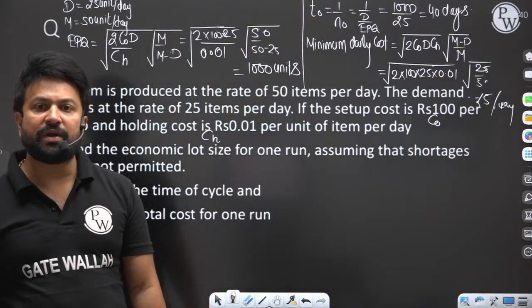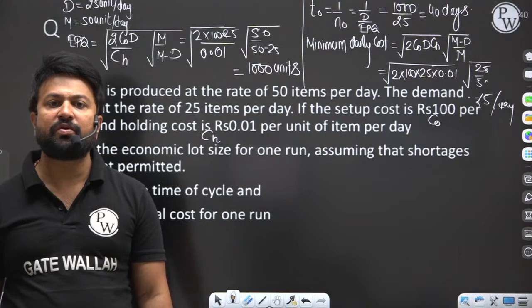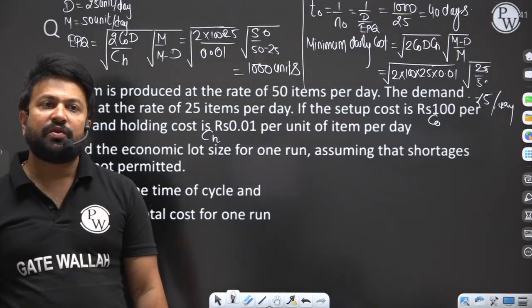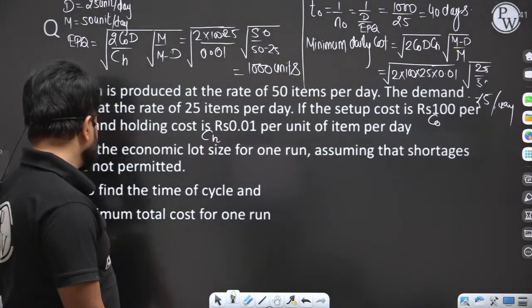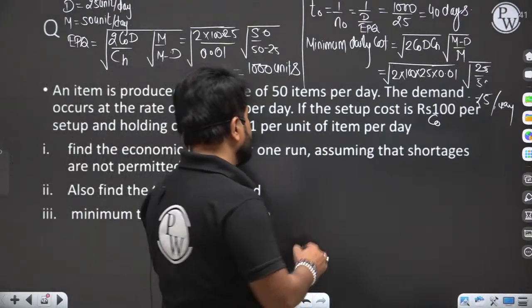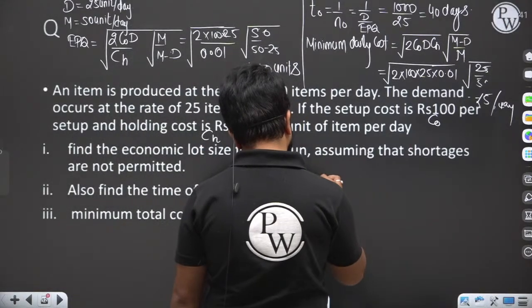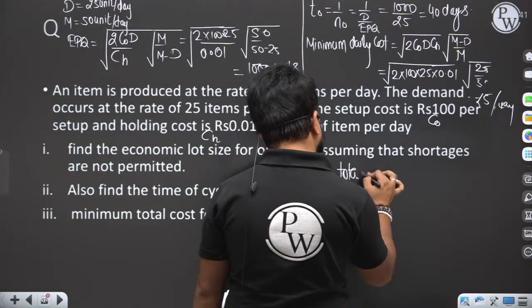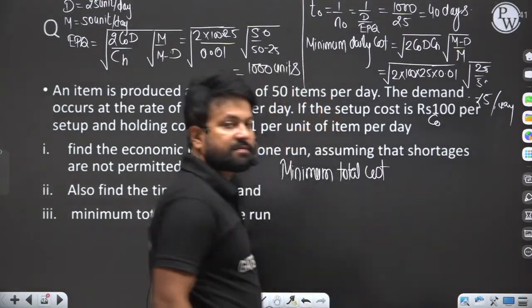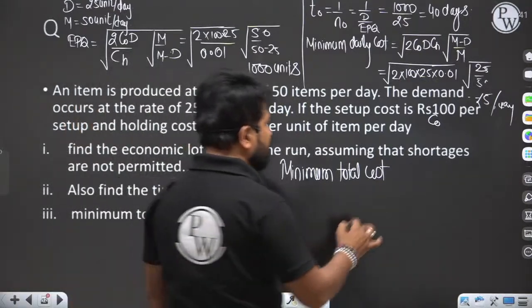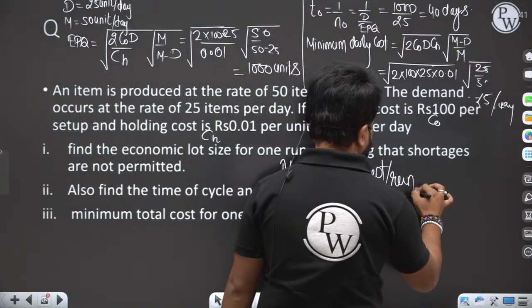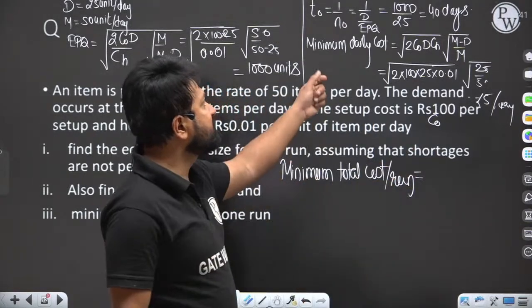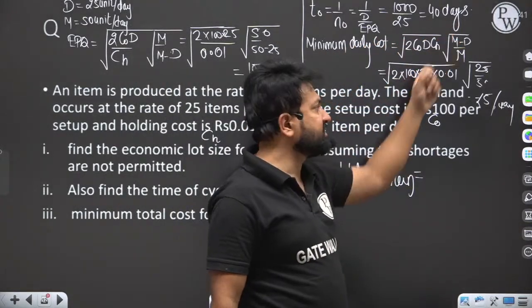Now you have to tell me the minimum total cost per run. How many days are you running a cycle? 40 days.